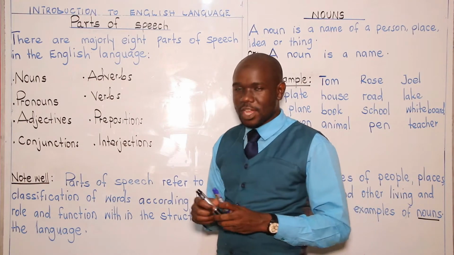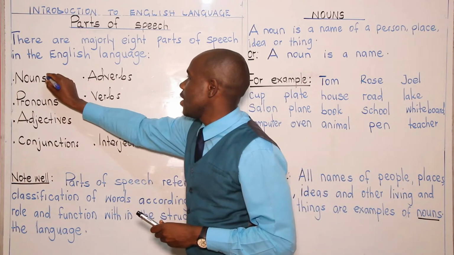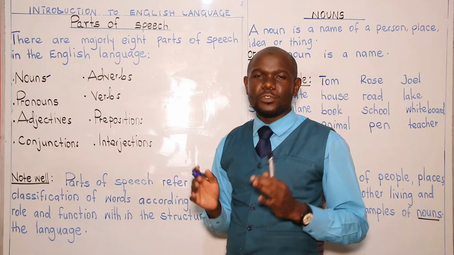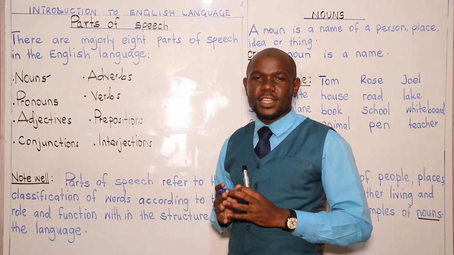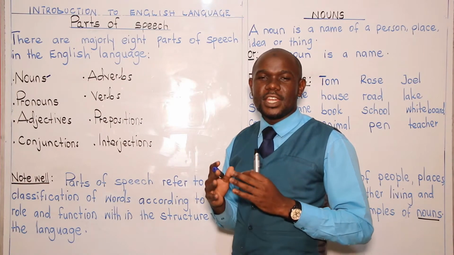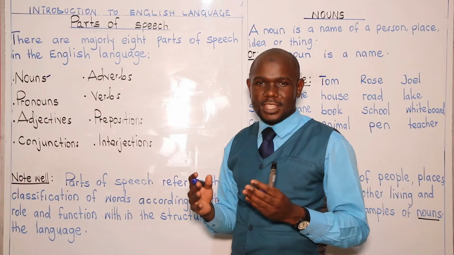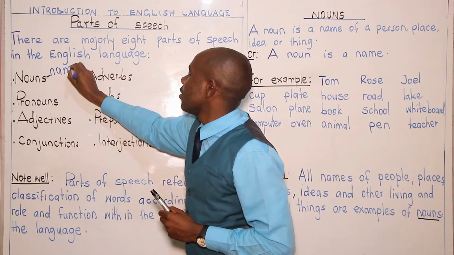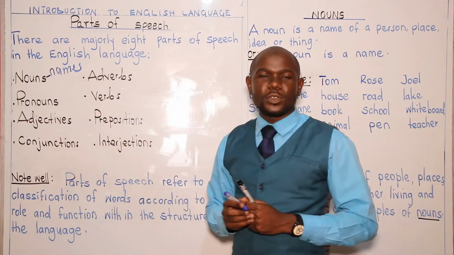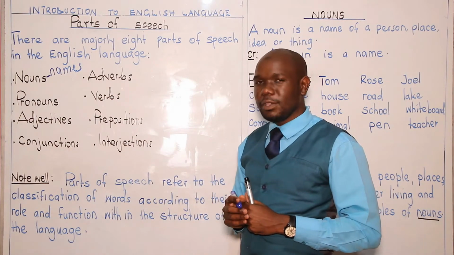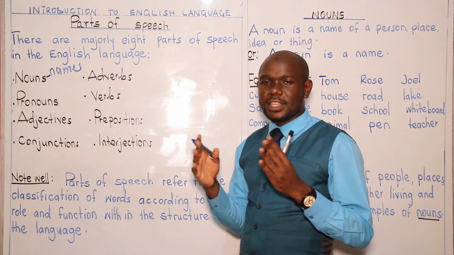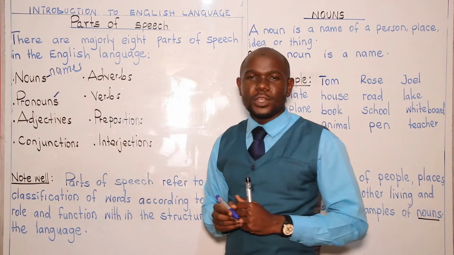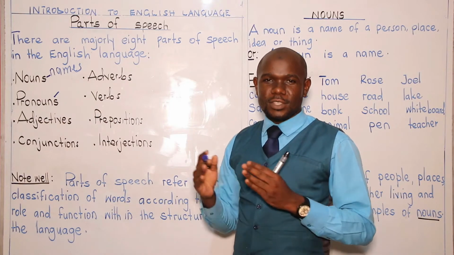When we talk about nouns, here we mean names. Nouns, we talk about names of people, names of ideas, names of places, names of things. We talk about names of people, things, ideas, and others. When we come to pronouns, here we talk about substitutes.